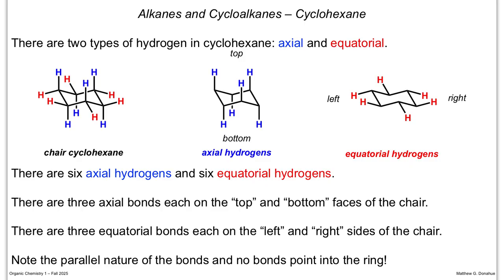So how many axial hydrogens are there? There's 6. And so when we start talking about sort of the geography of a molecule, we can use some terms that we know. So here is the top side. So of those 6, there's 3 on top and then 3 on bottom.